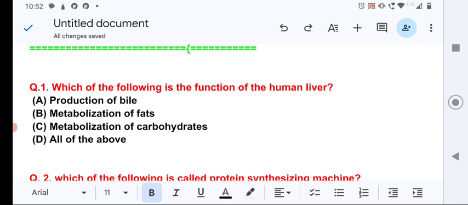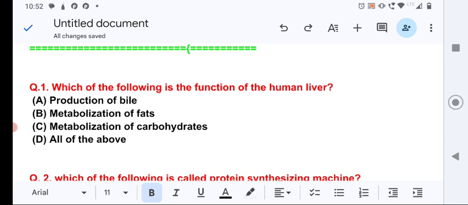Another gland, the pancreas, also belongs to the digestive system. The liver is the largest gland and the largest internal organ inside our body, whereas skin is the largest organ of our body.